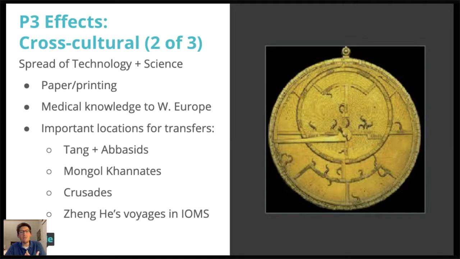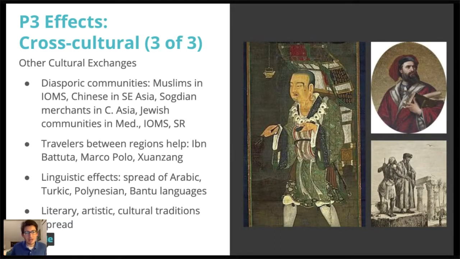And they even build observatories, astronomical observatories that are modeled off of those in the Middle East. So, that knowledge is spreading back and forth too. So we're starting to see advances in mathematics and astronomy at a much more rapid rate, because instead of just one country developing these in isolation and then eventually it's spreading, they're interacting with one another. So that's why I love talking about this topic.